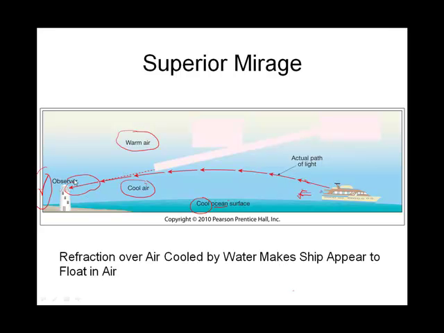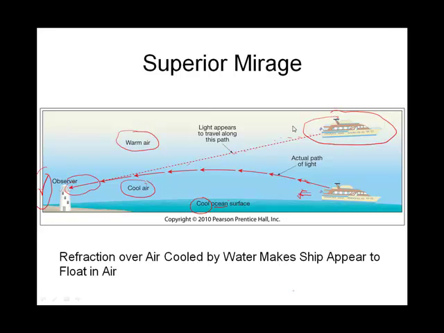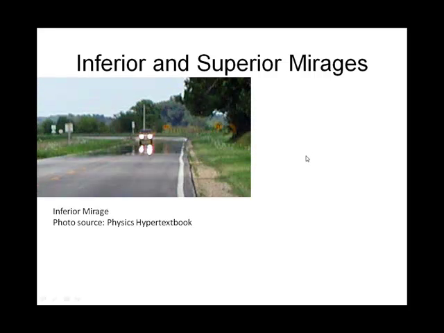So here you go. If we take this back, they also see a ship hovering in the air. Isn't that cool? That's so strange. Okay, that's a superior mirage. Notice the horizon is down here, and you see the object, and you see a hovering object. Isn't that neat? That's called a superior mirage.